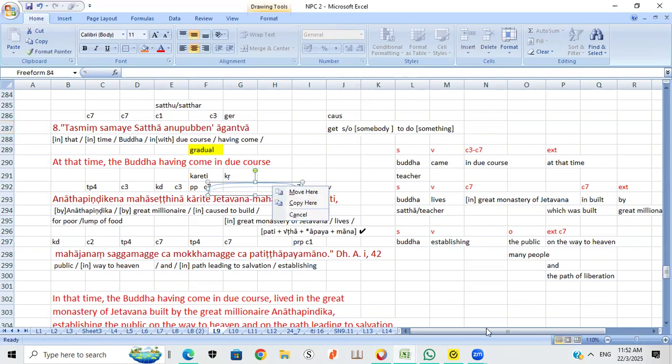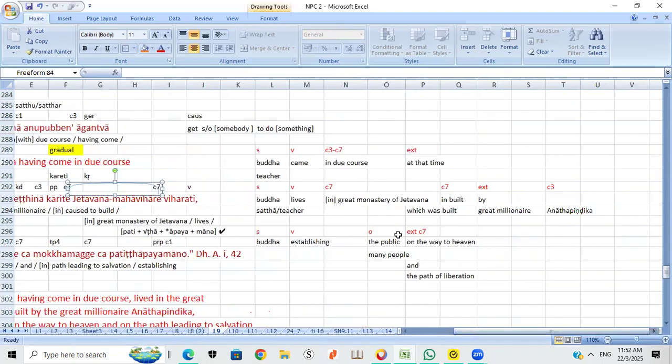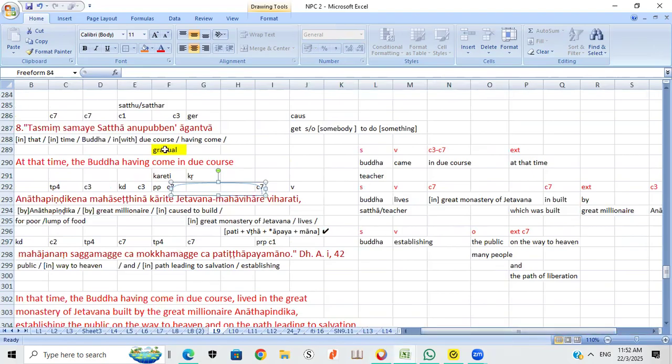But anyway, what you do is, you see Buddha, the subject here. Where is the Buddha? It's still the same, this one. Satta, the teacher. Can you see the word viharati? Can you see, verb, live. Can you see locative? In.